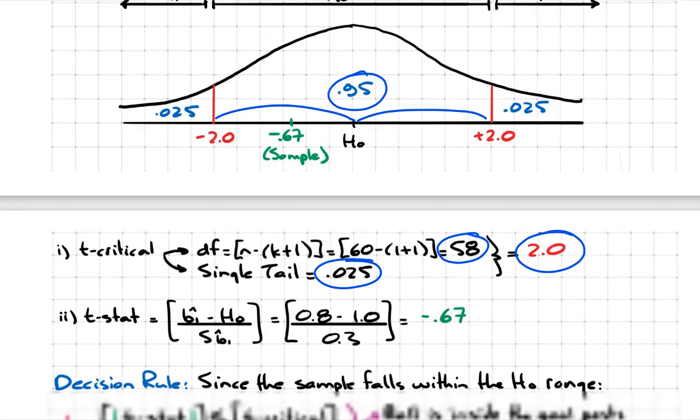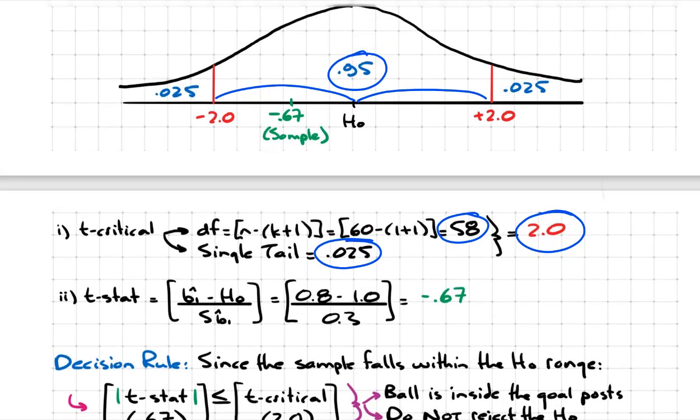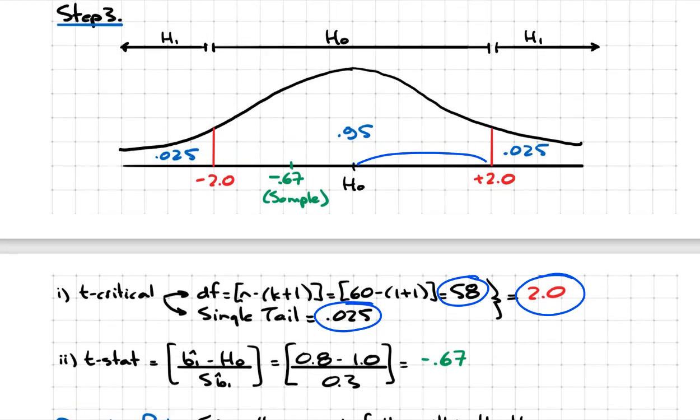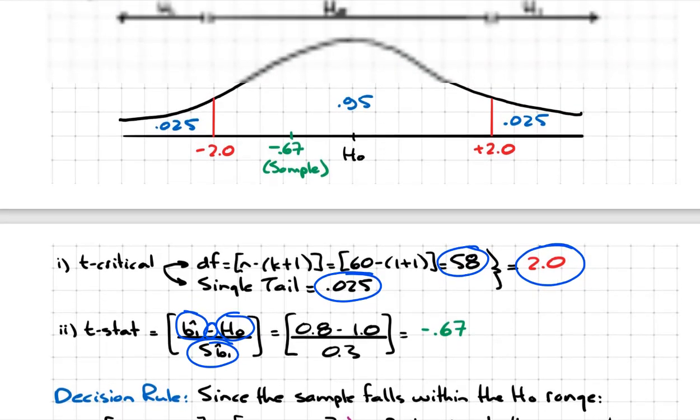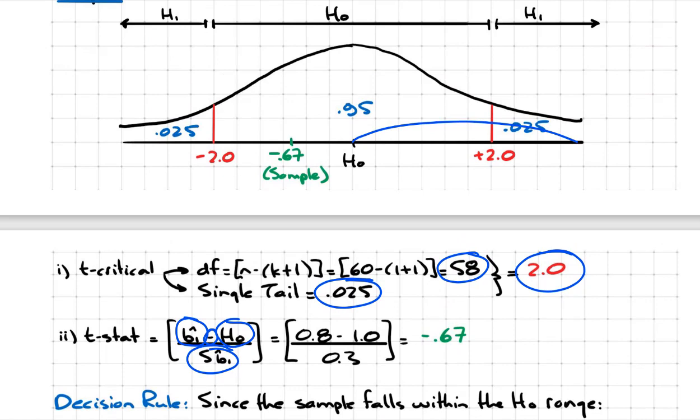So that's your goalpost. Now in my penalty kick analogy, I ask you, where did the ball come in? Did the ball come somewhere within the goalposts or outside the goalposts? That's what the t-stat is going to do. The t-stat says, how far did the sample deviate from the hypothesis, measured in units of standard error? It's basically saying how far the ball deviated from the null.